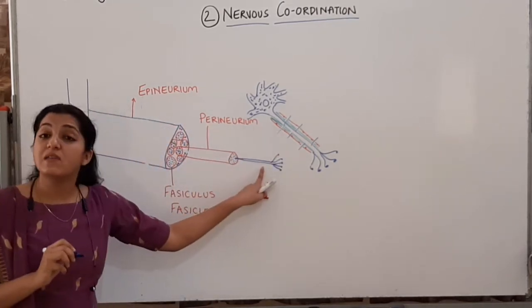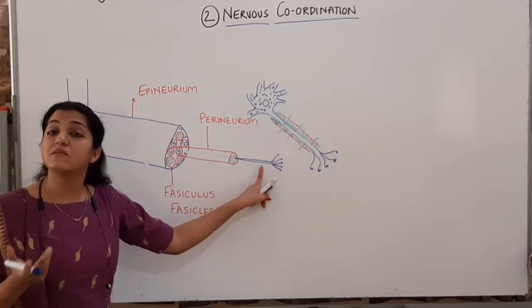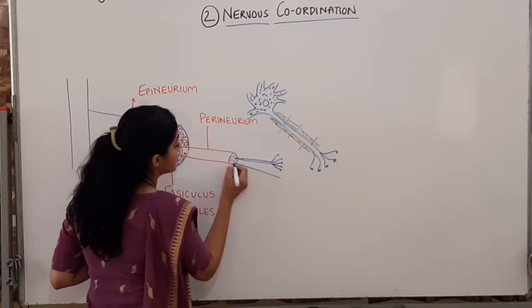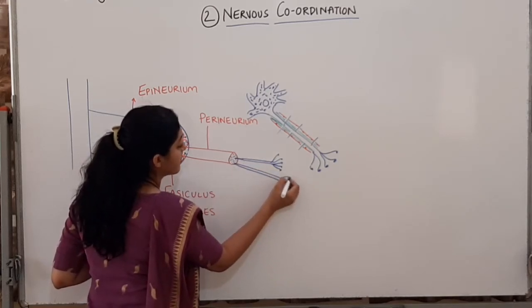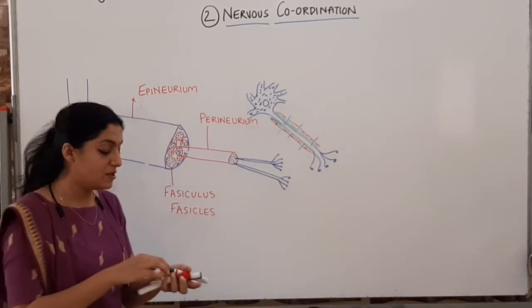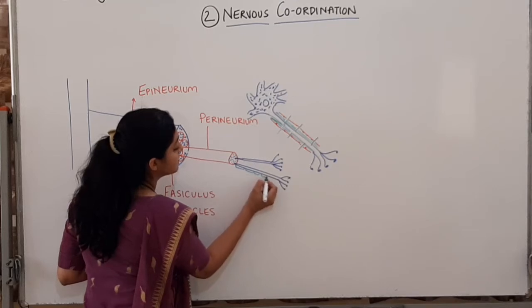When I'm drawing this type of axon, it is non-myelinated. See, I have drawn only the axon. There is no myelin sheath around it. And this is my axon, which is myelinated. If I want to make a myelin sheath around it, this is going to be my myelin sheath in section.